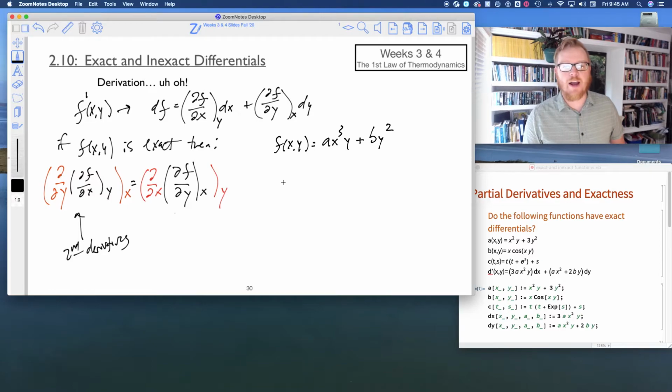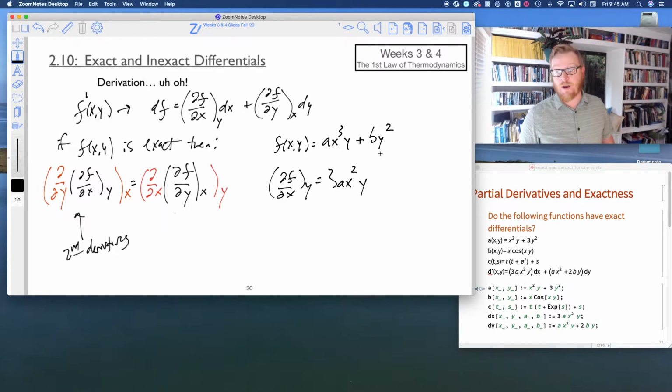Okay? So if I now take the first derivative of f with respect to x at constant y, that is going to give me 3a x squared y, and that's it, because y is constant, so that part drops out.